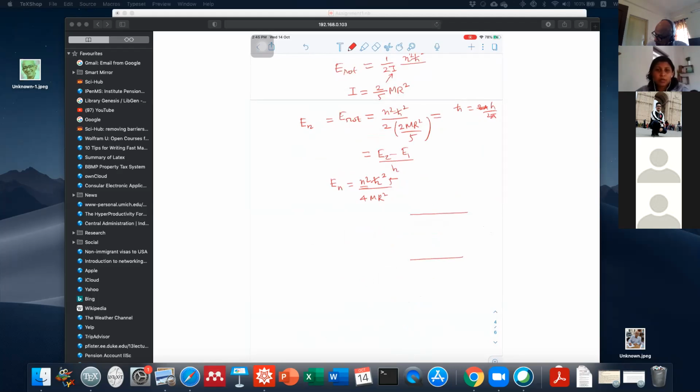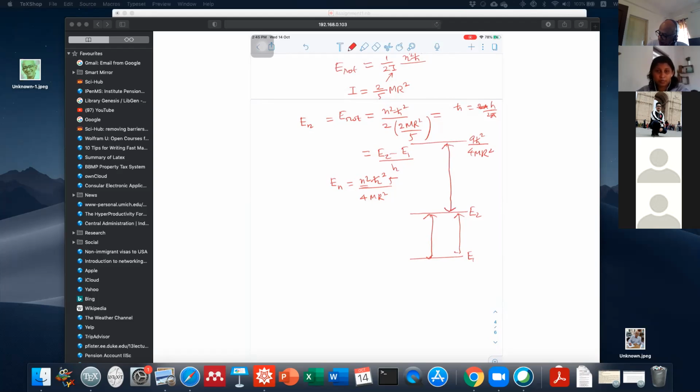This separation is E2 minus E1. And the next allowed energy level is somewhere here, where it is 9 h cross square by 4 m r square. If you look at the allowed energy levels, you find that this separation is smaller than that separation.